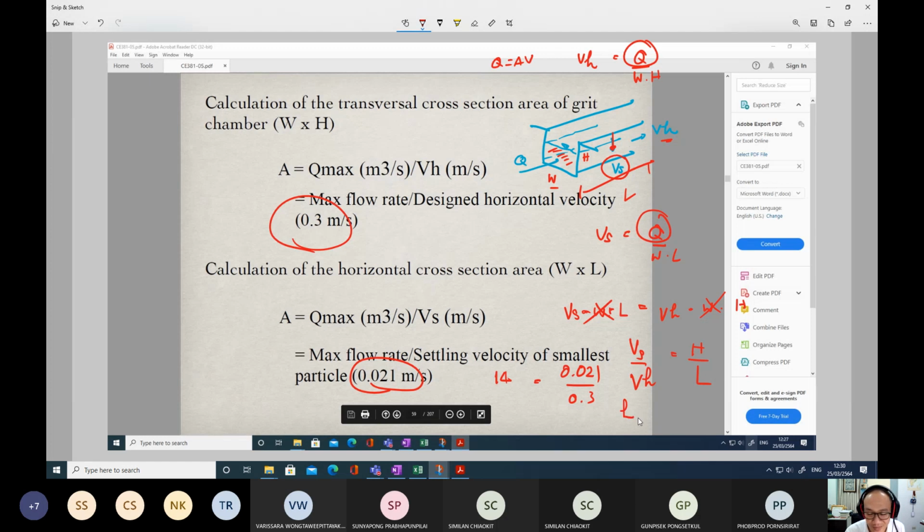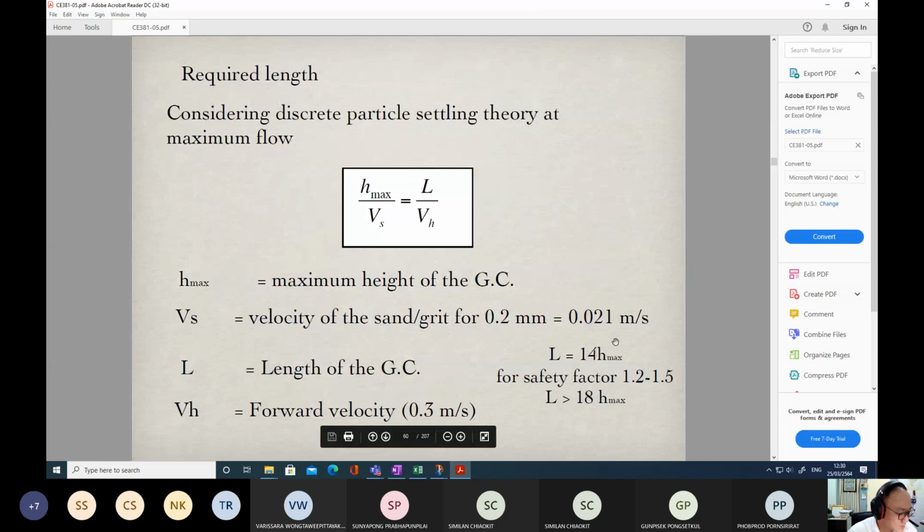We can say that L is approximately 14 times the maximum depth. Okay. That is why in the next slides you get these relationships. But as engineers, we have to consider a safety factor.